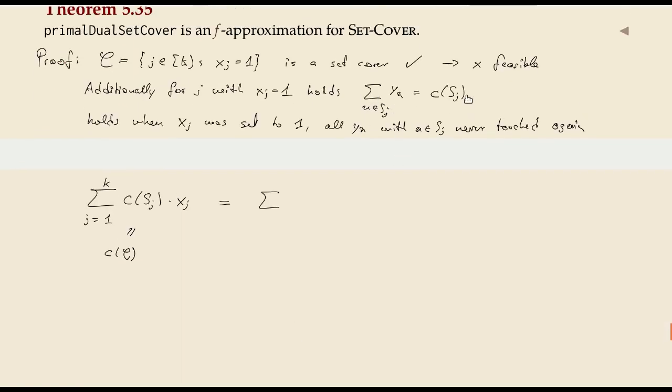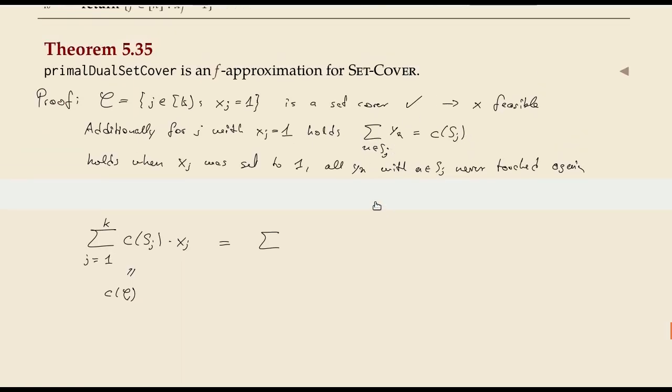And in fact, we just argued that we satisfy this complementary slackness conditions part 1. So we can just give that label here again. Then by C1, we can write here this sum yu.